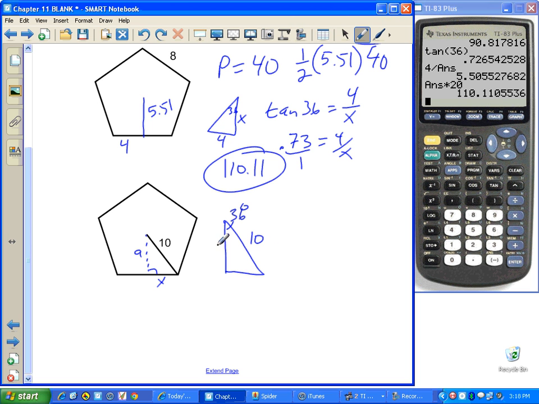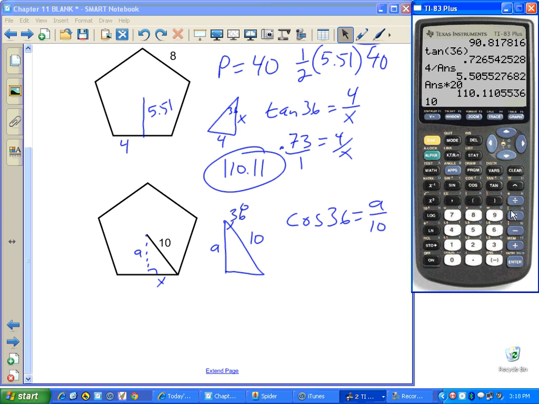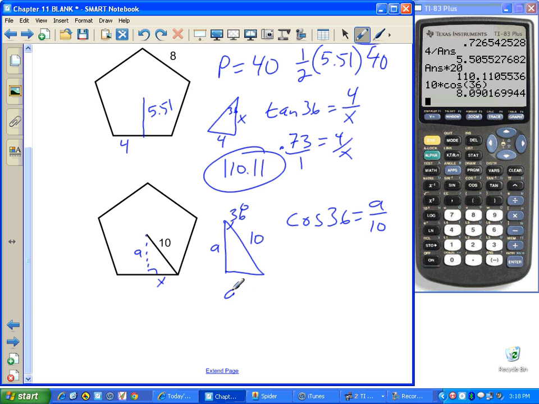I know that this is 10. If I'm looking for A, I'm going to need to do cosine. So cosine 36 equals A over 10. So if I take 10 times the cosine of 36, I get 8.09. That's what A is.